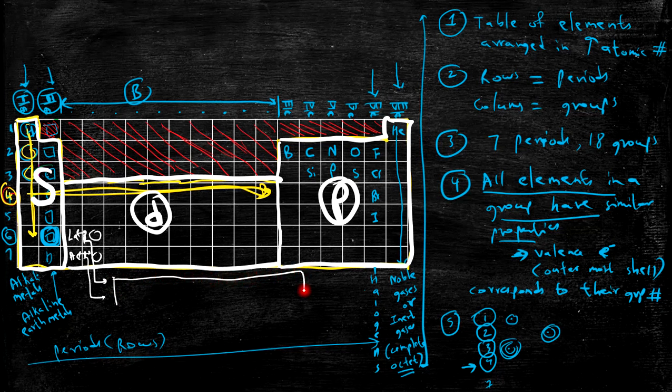So there are 14 elements in here. So these are the F block. The upper series is called the lanthanide series.